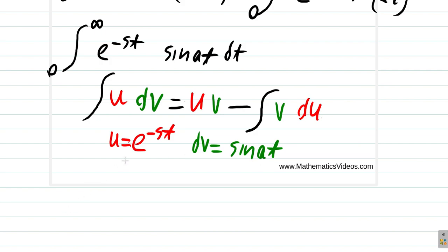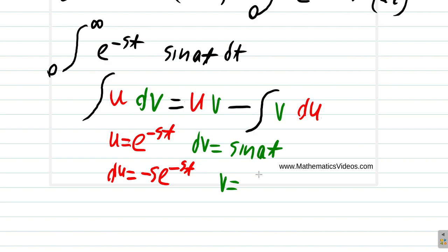Now, the u, we have to differentiate this to get du. This would be the chain rule, which is differentiation by substitution, and would give you negative s e to the negative st. And then dv. To go from dv to v, you have to integrate.